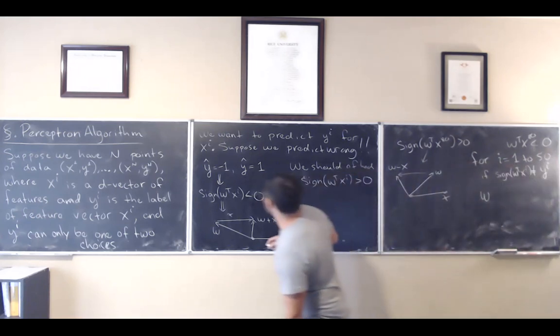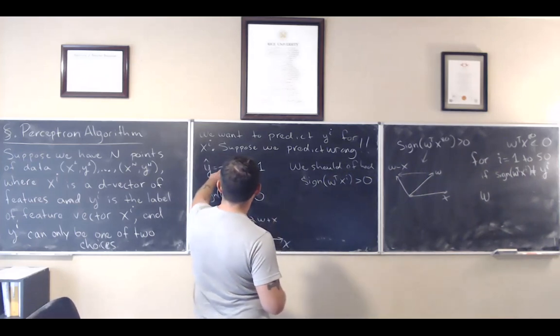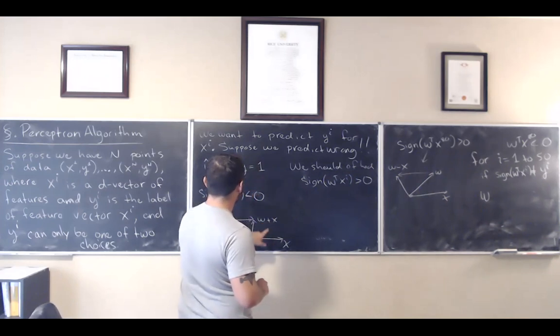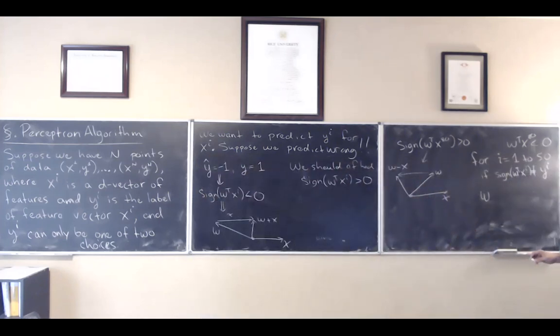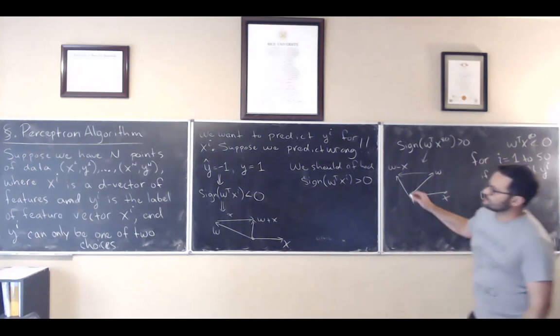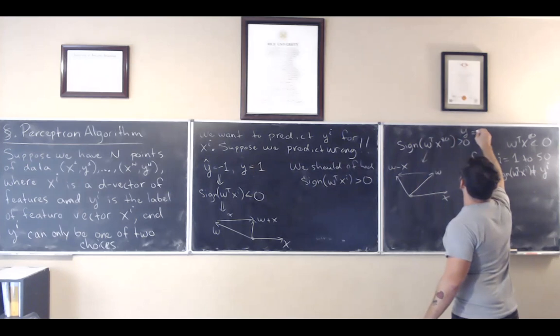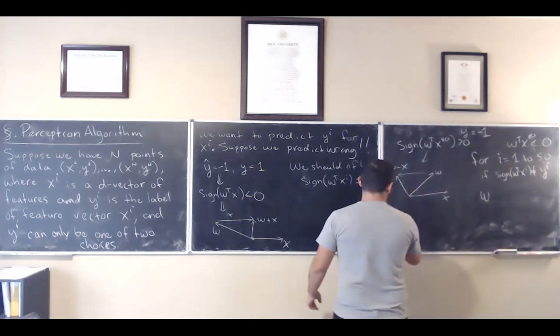So here, what did we do? We added x, and then here, we subtracted x, right? So here, y was +1, here, in this problem over here, y was -1, right? So we can just do this.